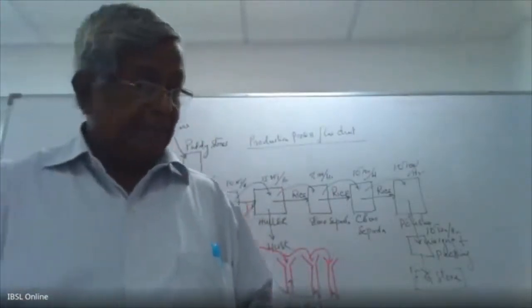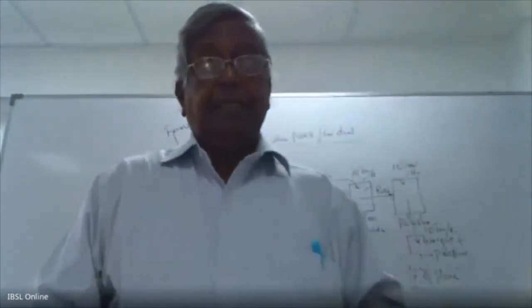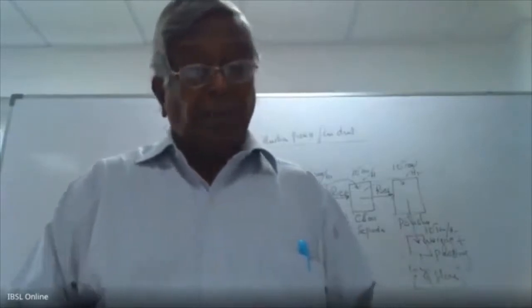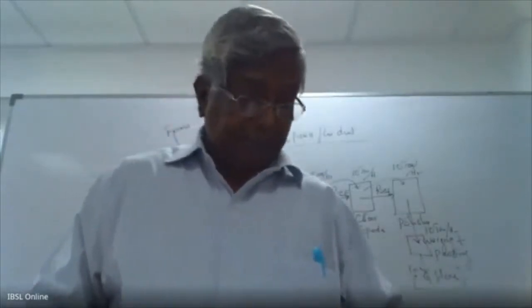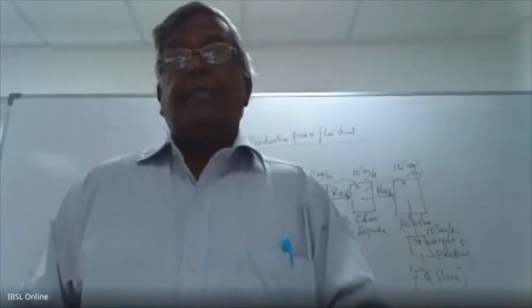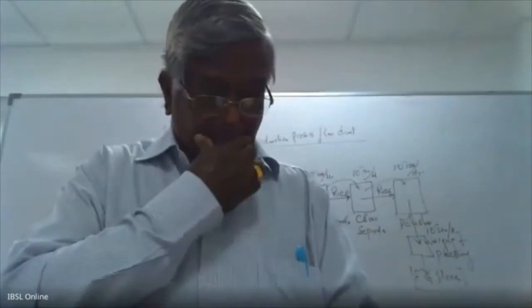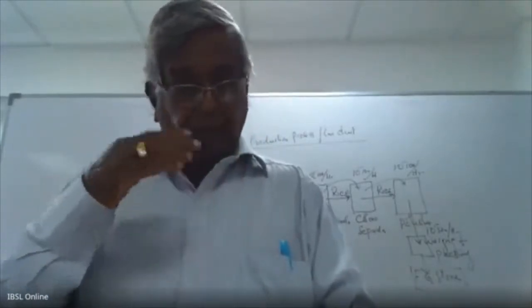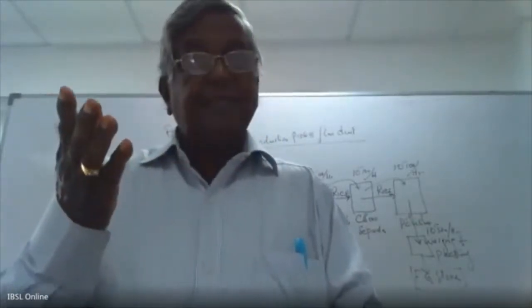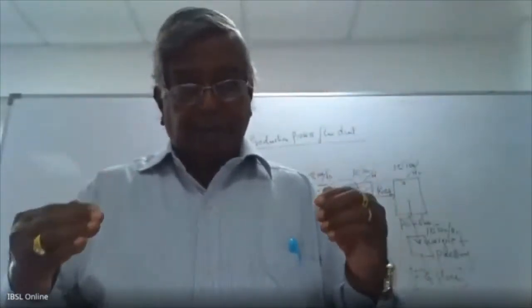Now, another thing: last class I told you about the CRIB report and credit scoring. The credit scoring is implemented by the CRIB, Credit Information Bureau. By going through their website, you can collect this information about the credit score.